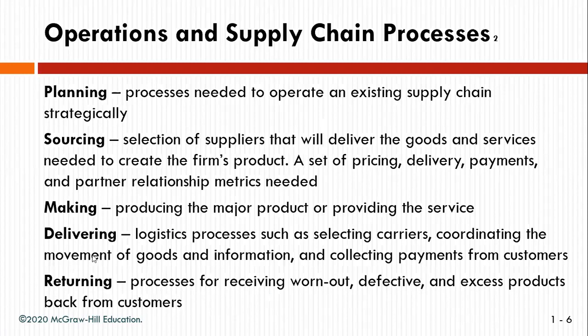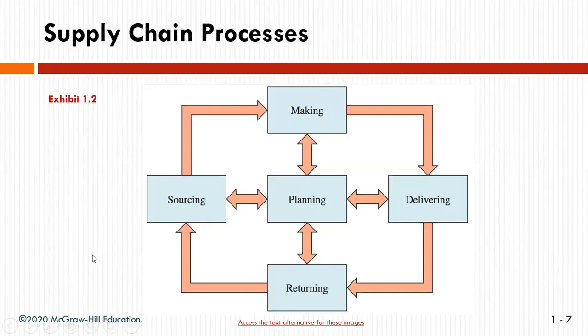Now, the whole supply chain process is, first, you start probably in the middle with the planning, and there is a planning for making the product. But before you plan making a product, there is a planning for how you get the sourcing.